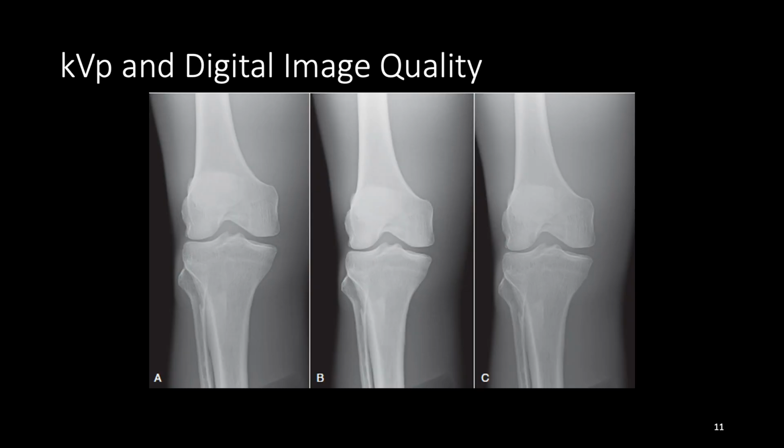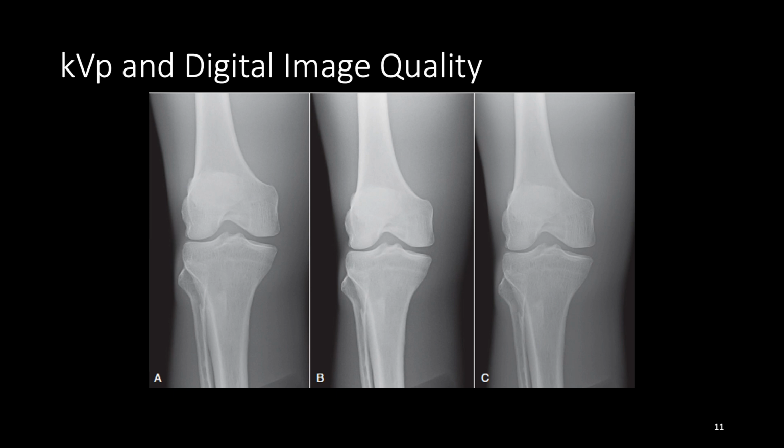So in this image here, we're looking at changes in kVp and image quality dependent on the technique that we set. With image A, this image is produced using 70 kVp at 2 mAs. Image B is using 50 kVp at 2 mAs, and this results in higher subject contrast and computer adjusted to maintain brightness.